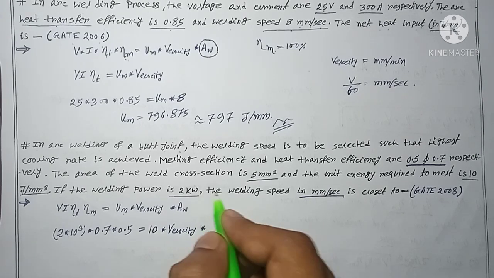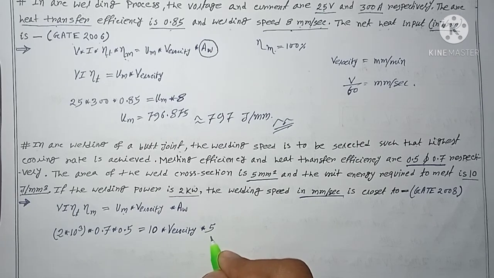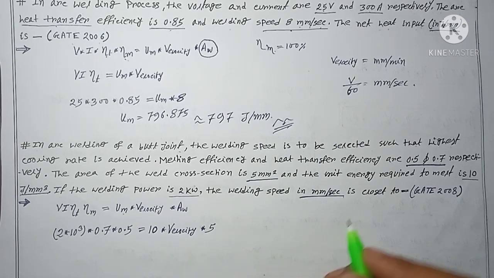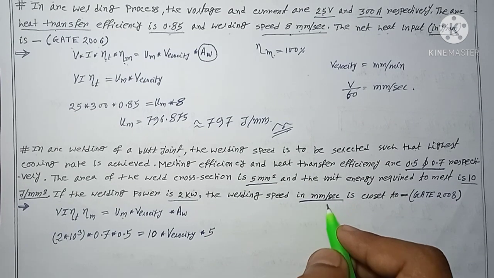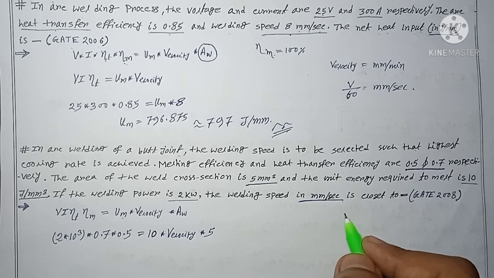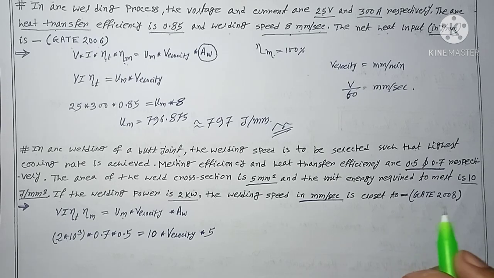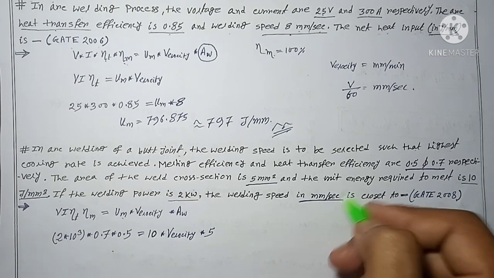The unit of velocity is also mm per second, so don't worry about that. Whatever answer we get from this relation will be in mm per second. If they ask for mm per minute, then you have to multiply it by 60, but that is a different case. Here, whatever we get from this relation will be our answer.